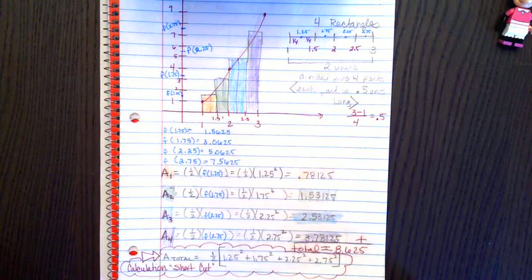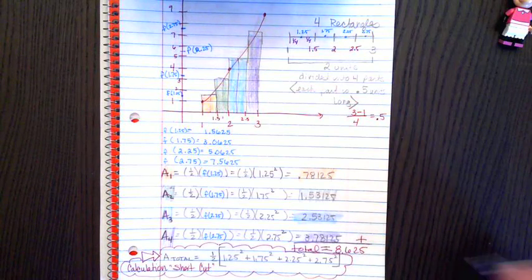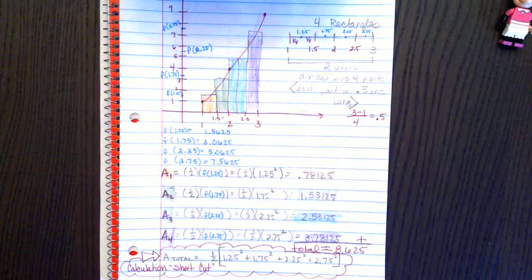So as we increase the number of rectangles from 2 to 4 to 8 to 100 rectangles to 1,000 rectangles, etc., if we use the limit of that sum, we're going to get an even closer approximation and eventually even be able to call it the precise area rather than an approximate area.